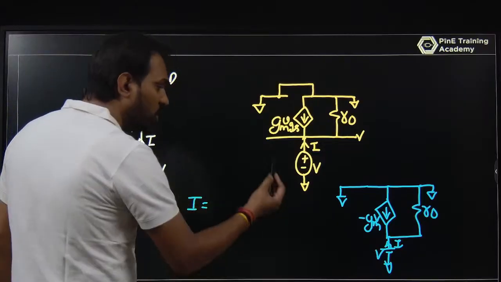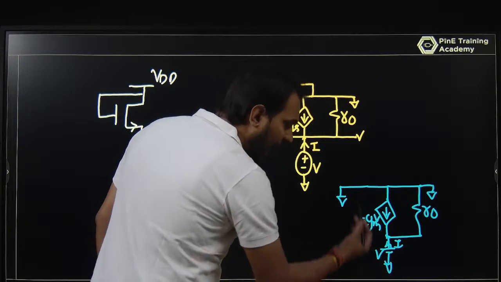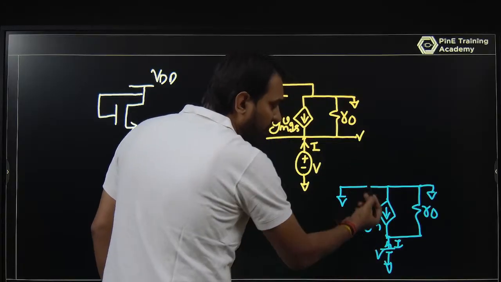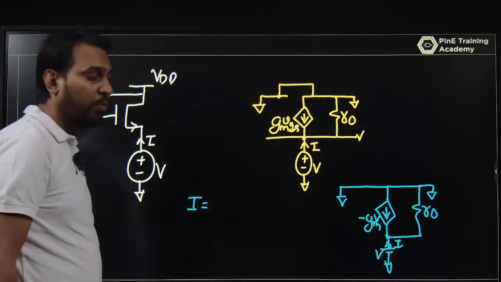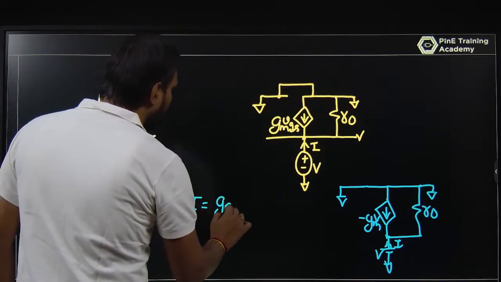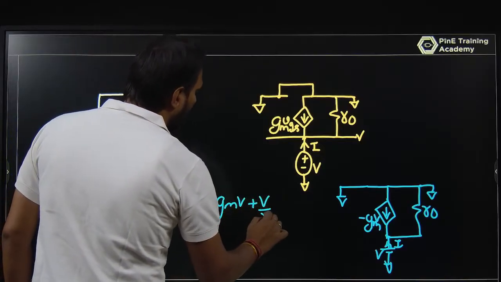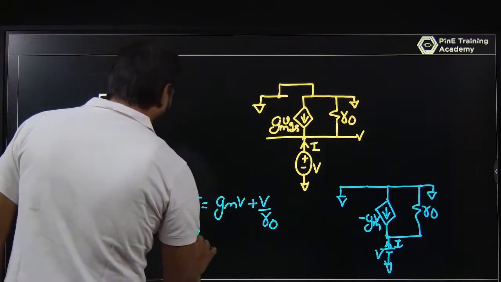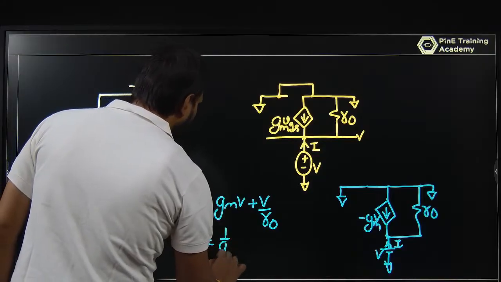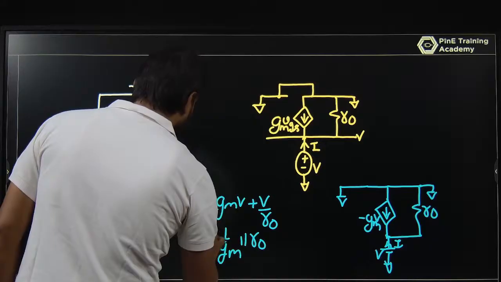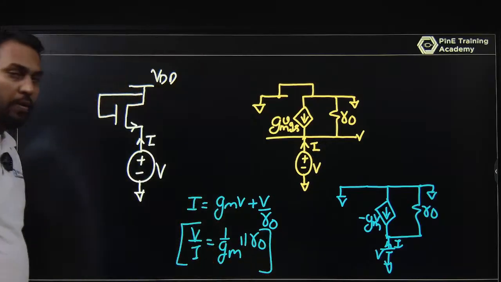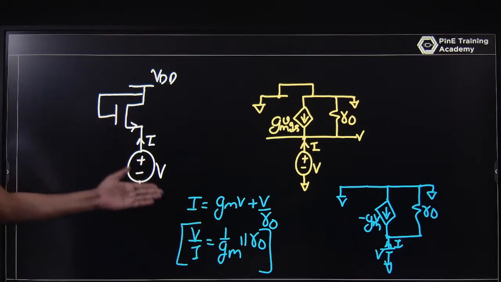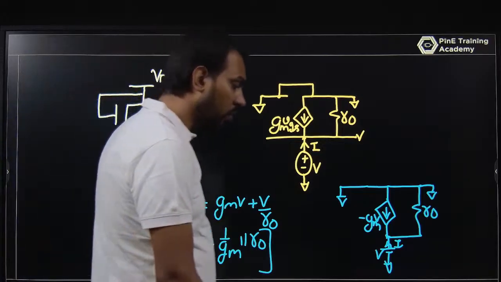Using KCL here, I is entering, gm V is upward, minus gm V is downward, so upward is gm V, and this is (V minus 0) over R naught. So I can say this is gm V plus V over R naught. So what is V over I? V over I will be 1 by gm parallel R naught. If it is M1, put R naught 1; if it is M2, you can put R naught 2.